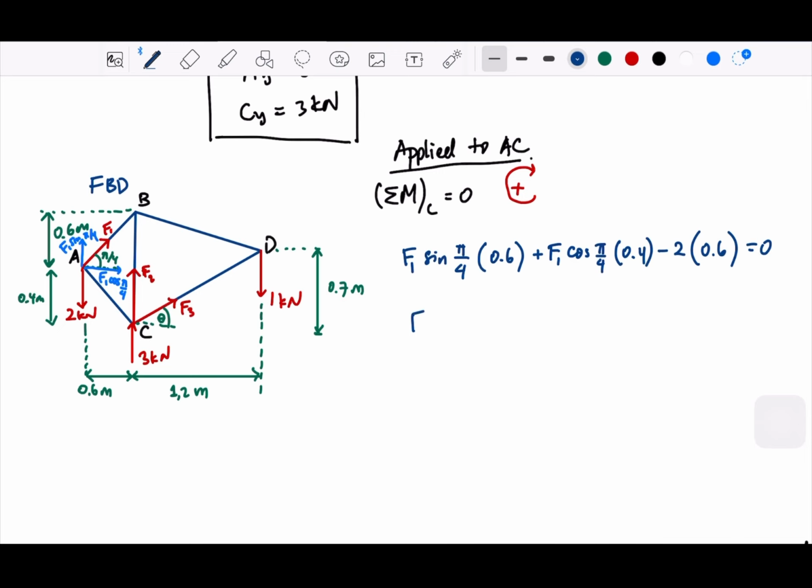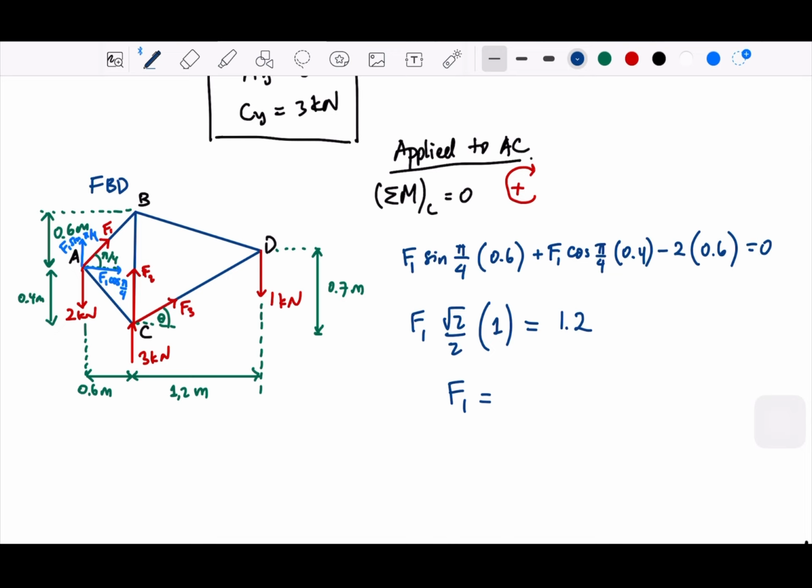Okay, so F1, this will be, sine pi over 4 is square root of 2 over 2, right? Well, since they are both the same, let me just take it outside here, and then this will be 1, right? And then this will be 2 multiplied by 0.6, which is 1.2. So F1 is, let's compute. Wait, let me compute first. Where's my calculator?